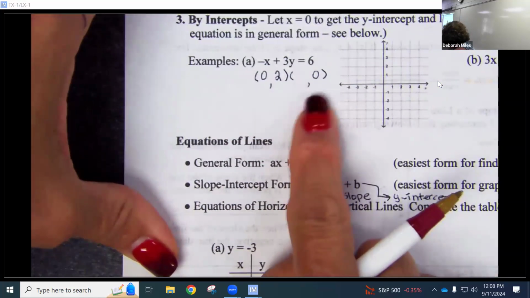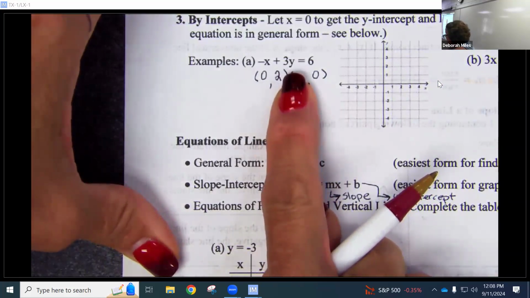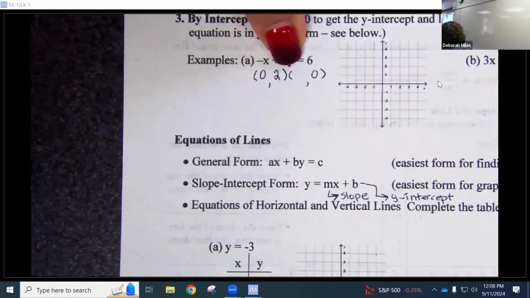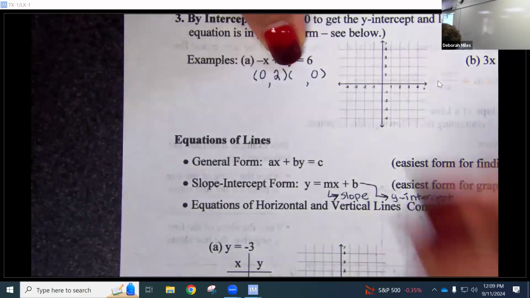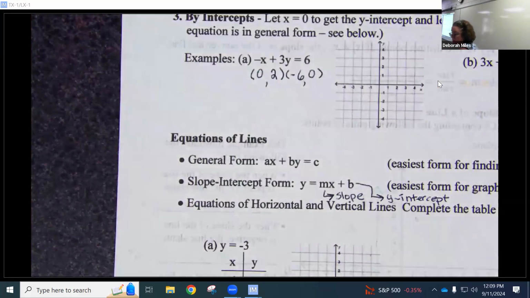When you want to let y be 0, what's 3 times 0? 0, just cover up the y term. And say, if negative x = 6, then what does x equal? -6. Just divide both sides by -1.